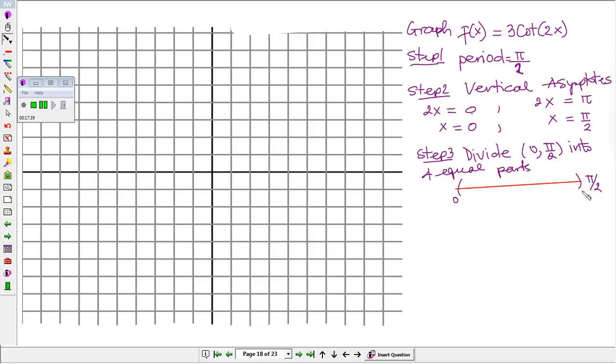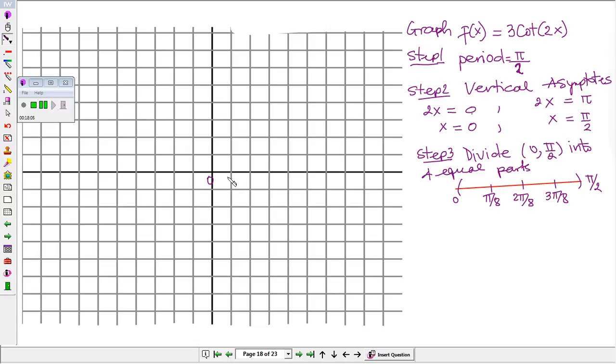Again, we do not include the two endpoints. So think about pi over 2 divided by 4, so we multiply 4 with the denominator, which gives pi over 8. And then the next one will be 2 pi over 8, and then 3 pi over 8.